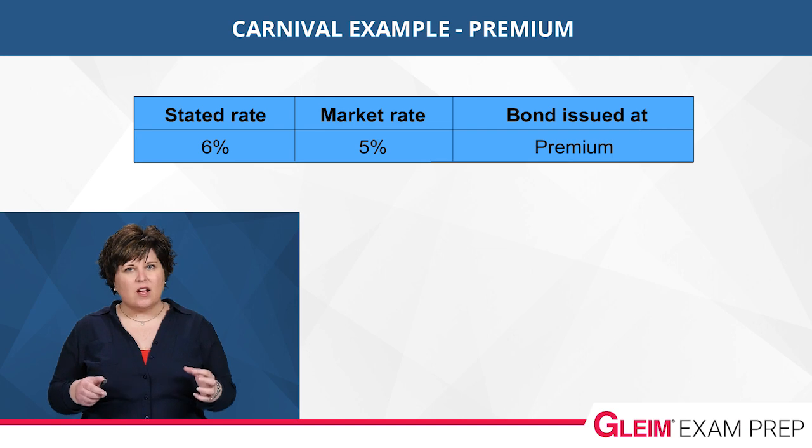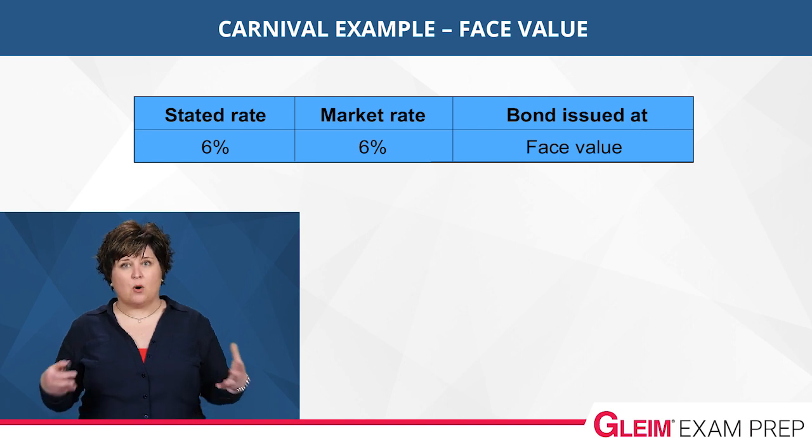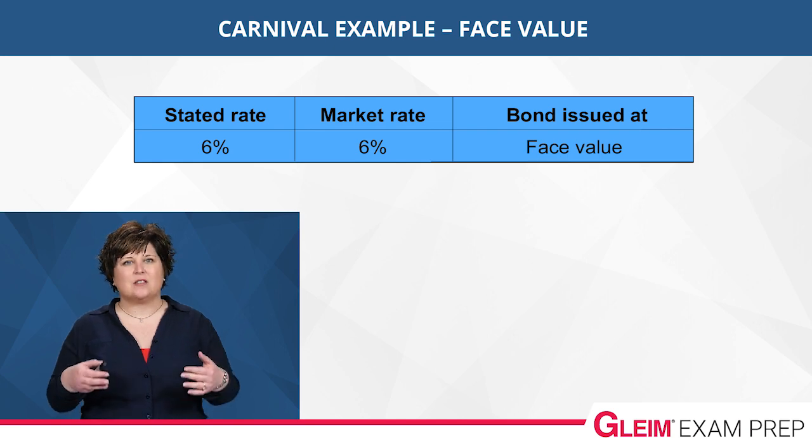The stated rate of 6% is more than the market rate of 5%. So the bond will be issued at a premium. The proceeds will be more than face value. Now, what if the stated rate and the market rate are the same? Let's say they're both 6% in my example. Then the bond is issued for exactly the same as the face value.